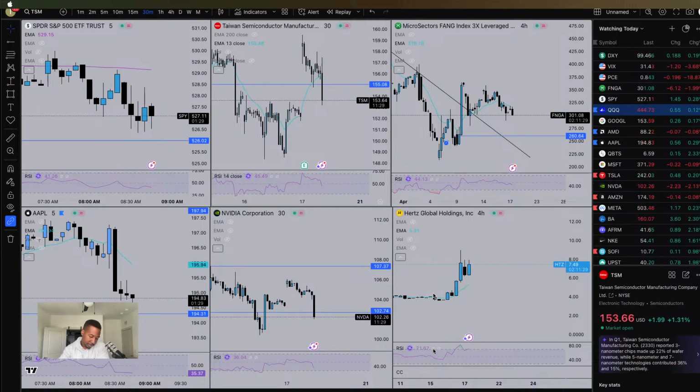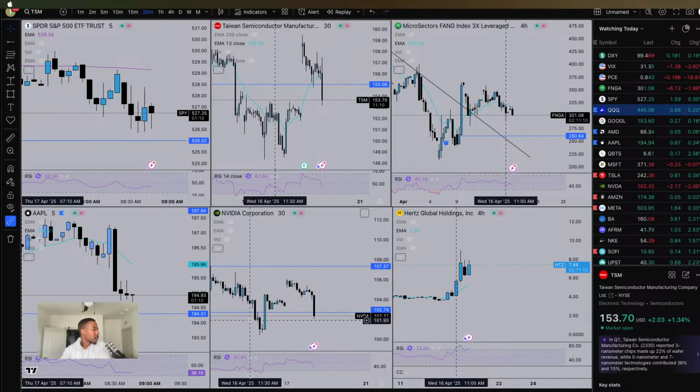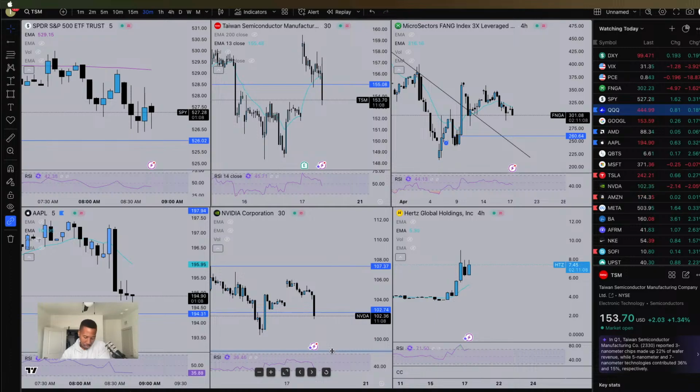Look at Nvidia, because Nvidia is looking all right too. All right, let's see.